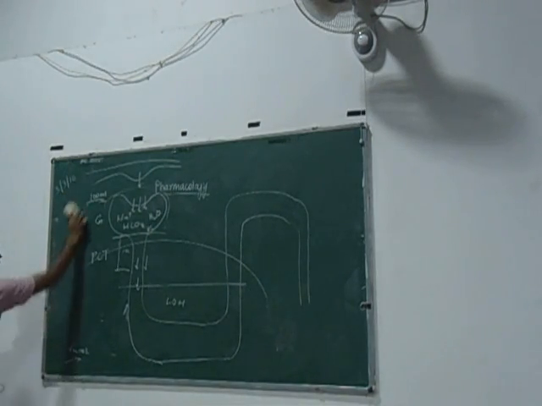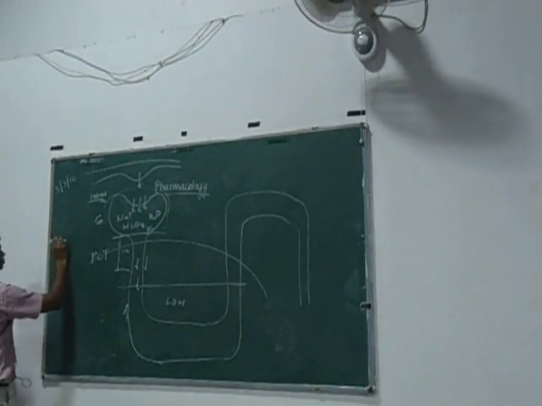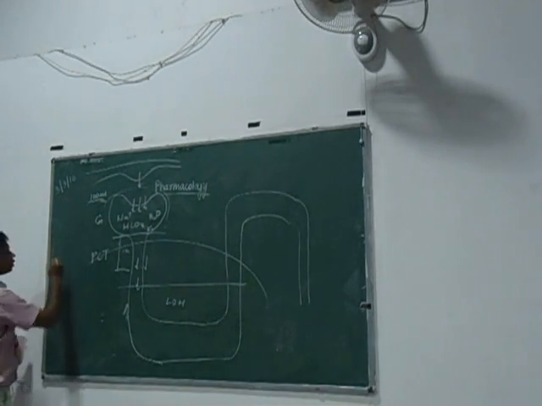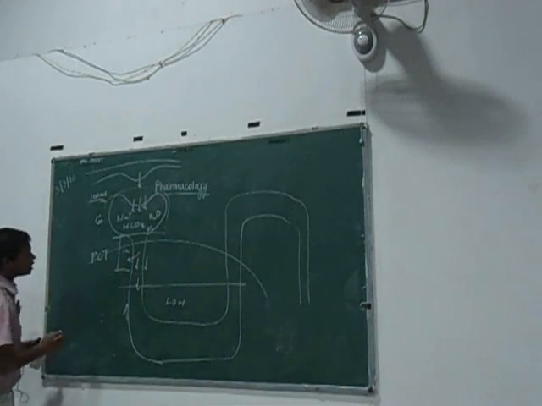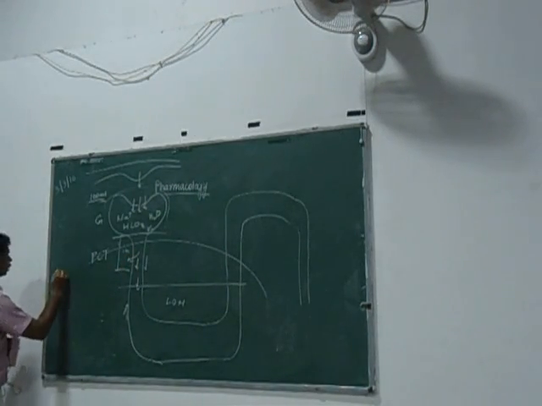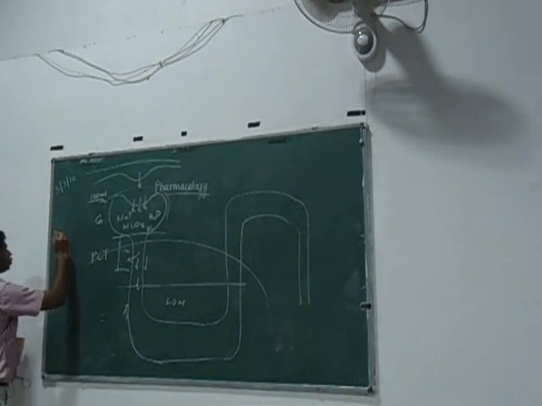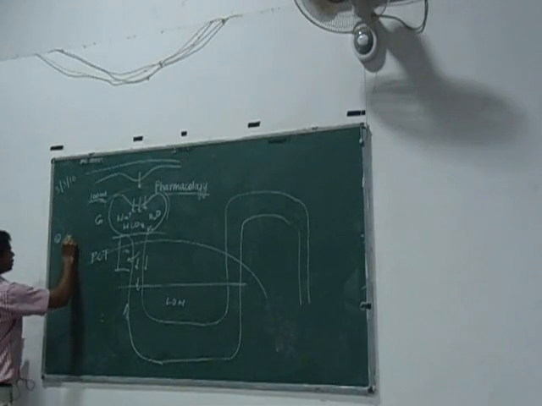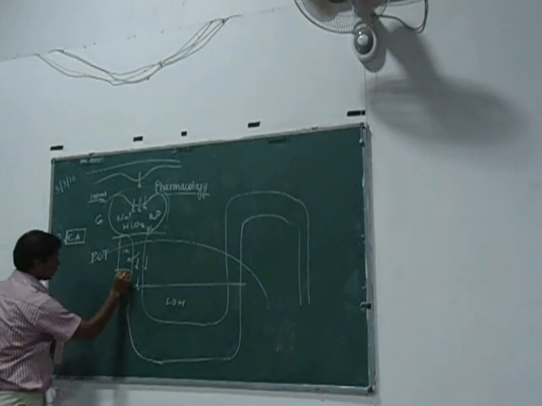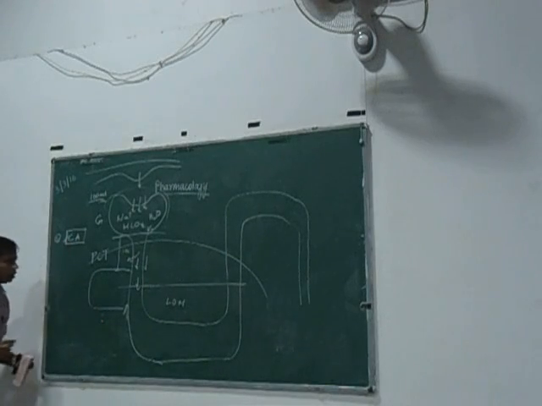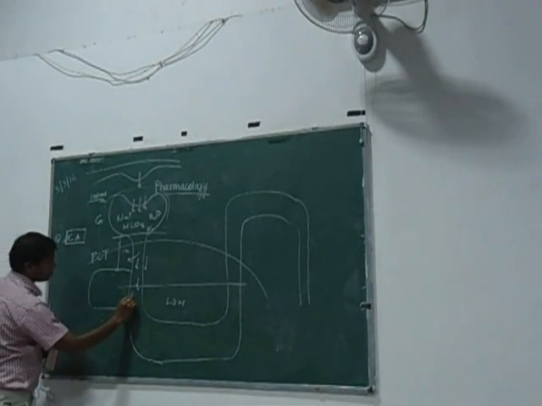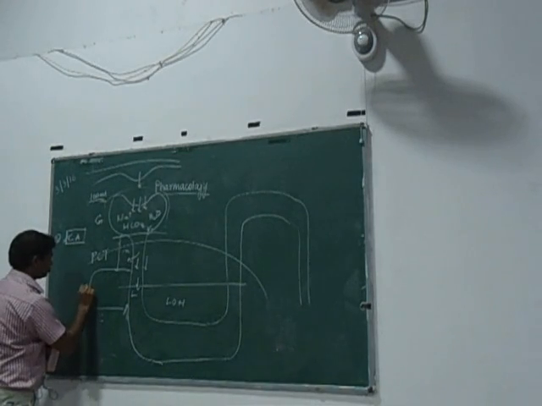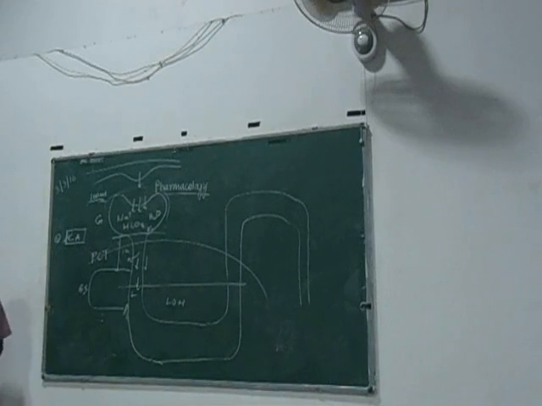I'll just rub this off. How is this absorbed inside this cell? Those things we need to know. The basic concept we need to know about is the carbonic anhydrase enzyme. So we are now speaking about the basic cell function.